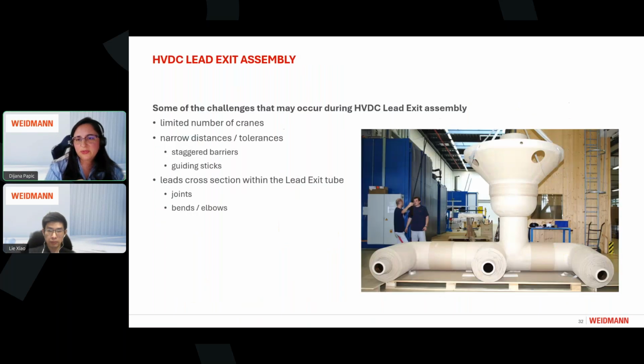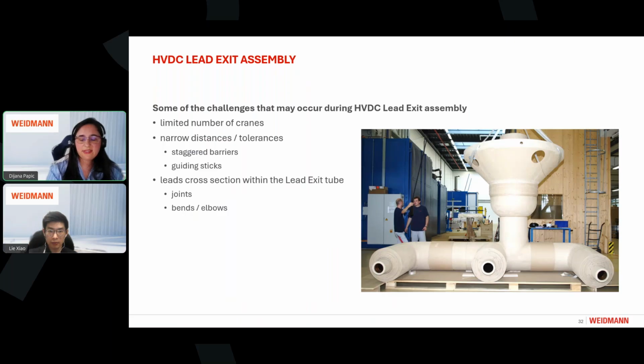So when producing such lead exits and doing a final assembly test, one has to be aware of the size, that they're very heavy, and that there is a need for crane operations.